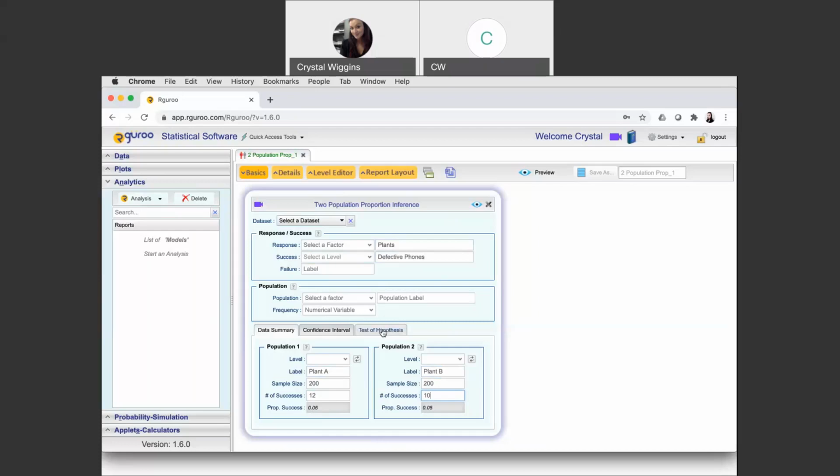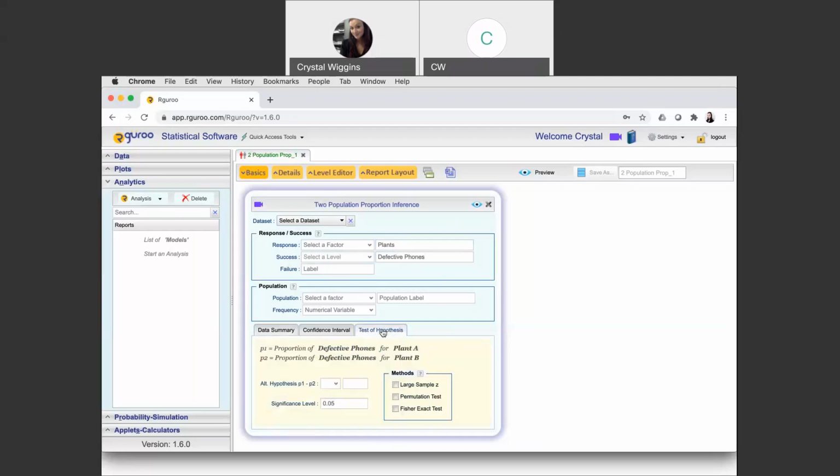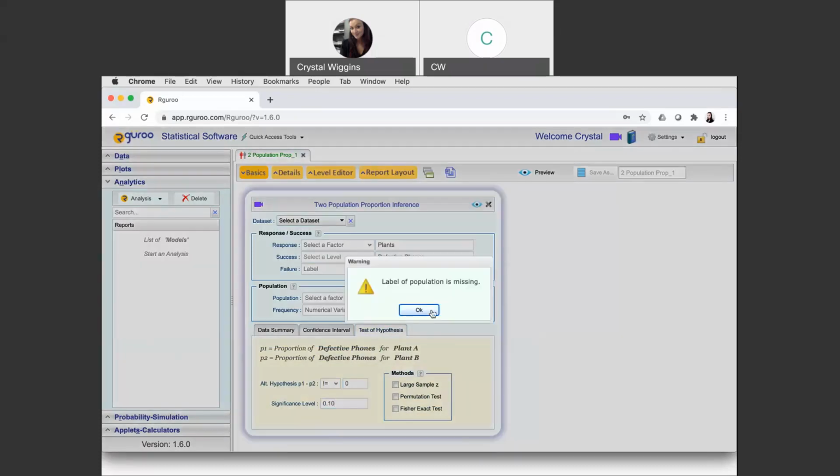Now we head over to test of hypothesis. We are doing an alternative hypothesis not equal to 0, and we are setting our significance level to 0.1. And we're going to hit the eyeball. Label of population is missing.